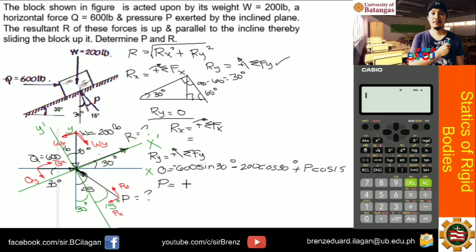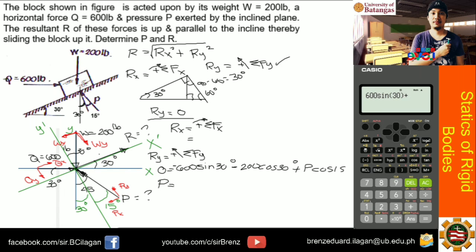Okay. So mahanap natin yung value ng p. What is the value of p? So let's just use our handy dandy calculator. So 600 sine 30. Then so negative siya, no? Ang ginawa ko guys, kaya positive transpose ko to sa kabila.